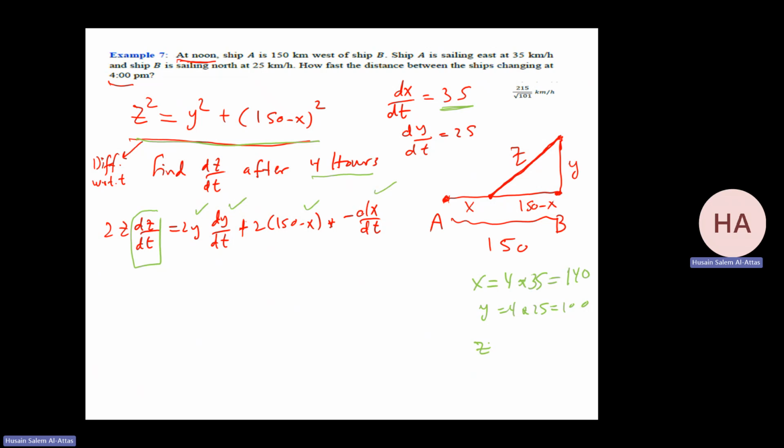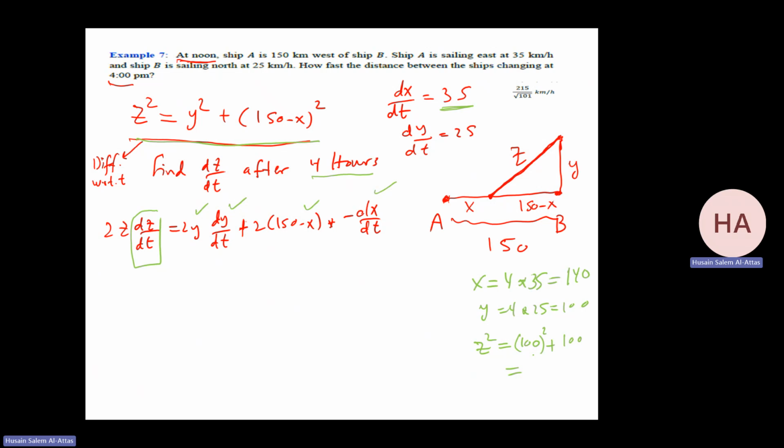So z squared will be y squared, which is 100 squared, plus 150 minus 140, that is 10, 10 squared, which is 100.